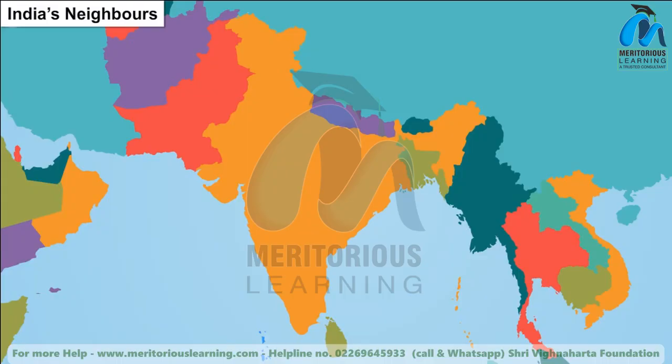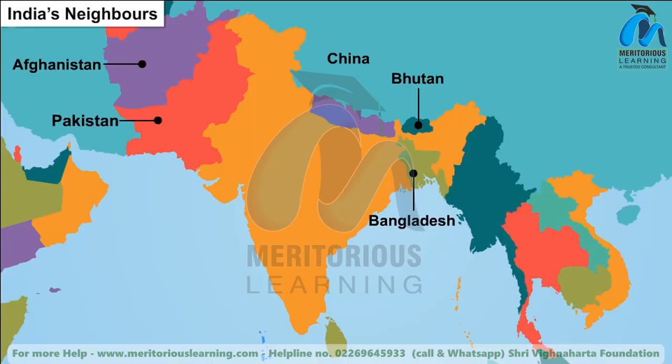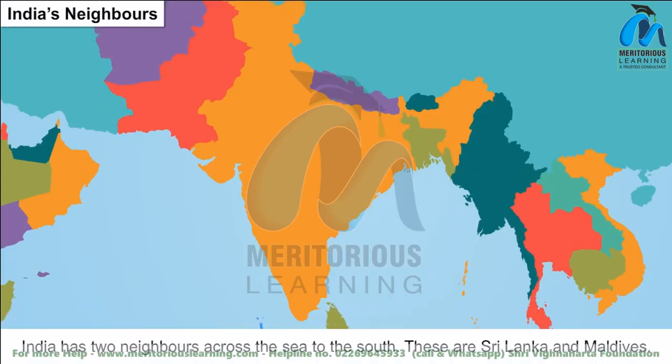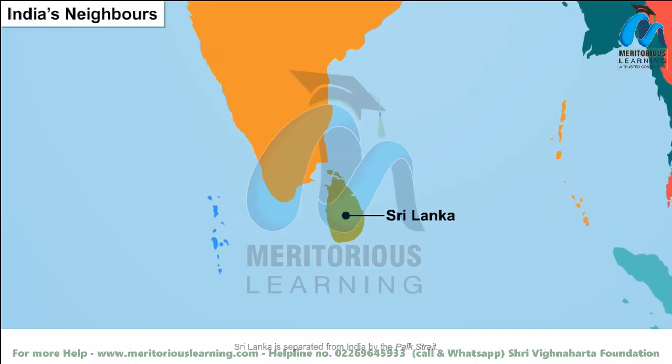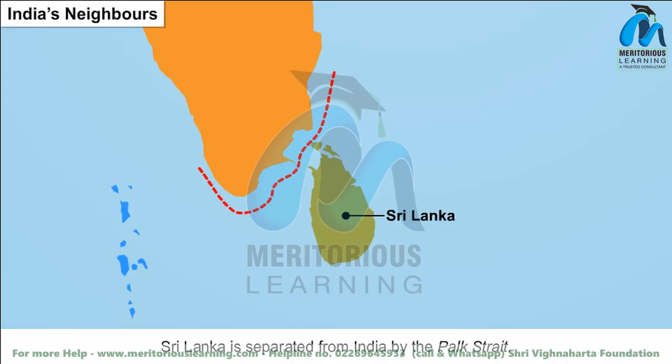The names of these countries are Afghanistan, Bangladesh, Bhutan, China, Pakistan, Nepal, Myanmar. India has 2 neighbours across the sea to the south. These are Sri Lanka and Maldives. Sri Lanka is separated from India by the Palk Strait.